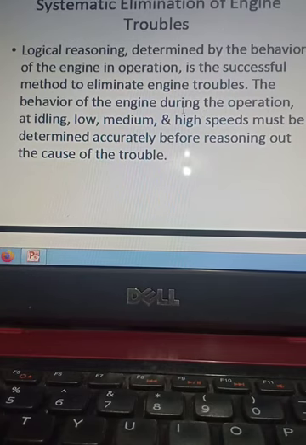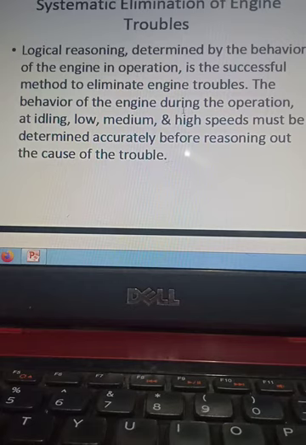So how are you going to eliminate the engine troubles? By logical reasoning, which is what I mentioned earlier. So what is logical reasoning? That is showing consistency of reasoning, so constant, maintained. So determining the behavior of the engine in operation is the successful method to eliminate the engine trouble.